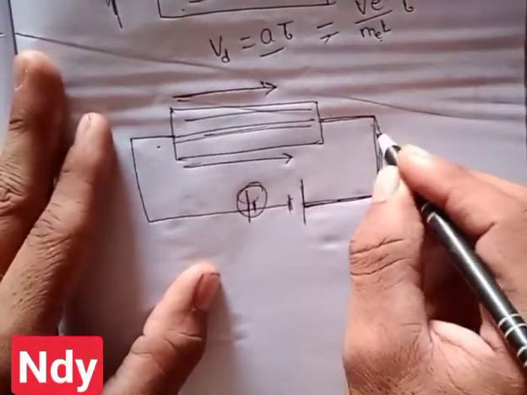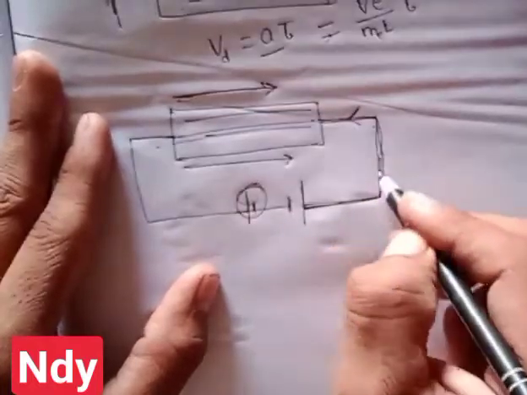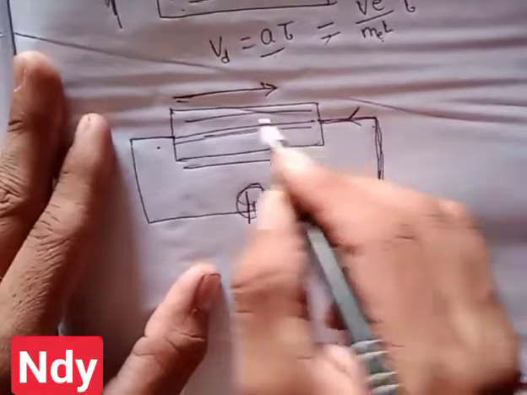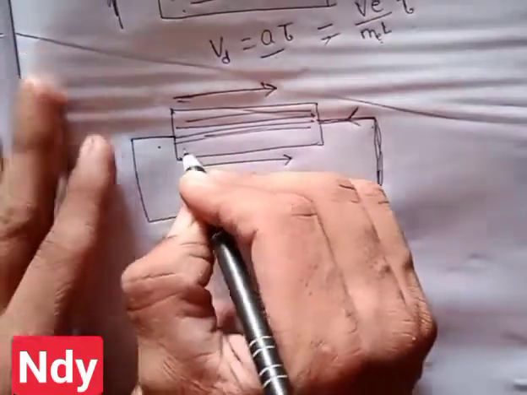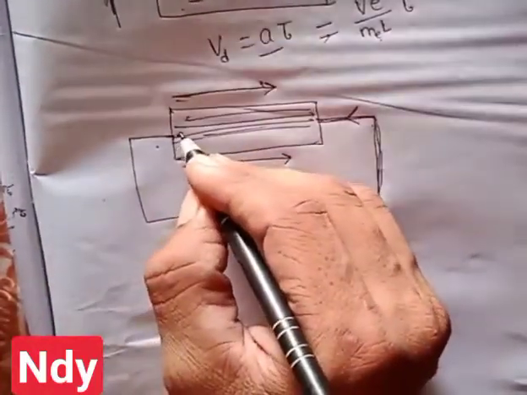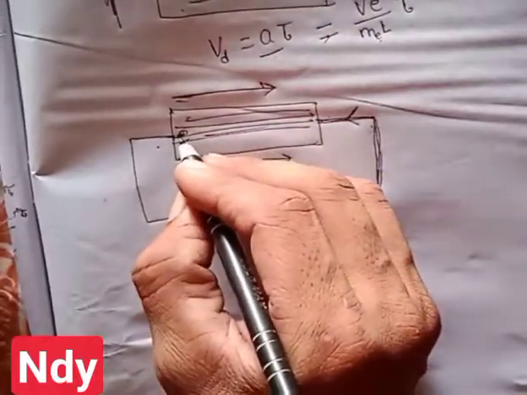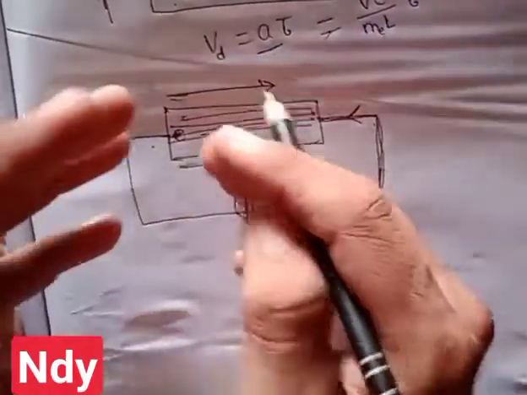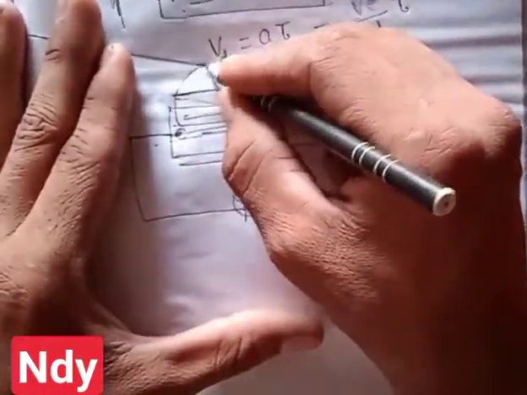Electric current is flowing in this direction, which means electrons are moving opposite to that, in this direction. They feel a force, and after collisions they move with this average velocity.